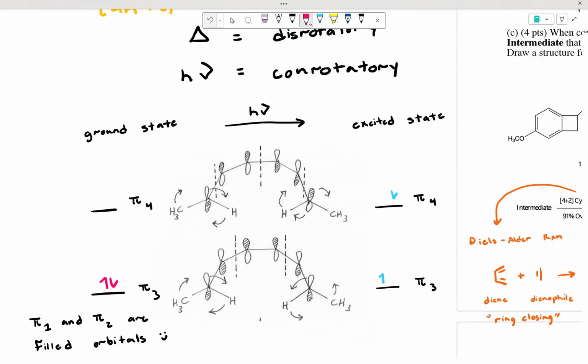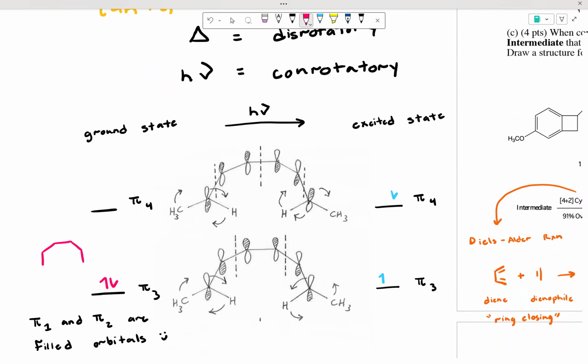So let's say that we have this molecule. Let me think if I can draw this. We have 1, 2, 3, 4, 5, 1, 2, 3, 4, 5, 6.